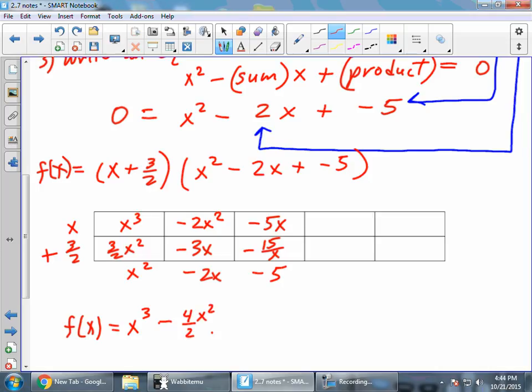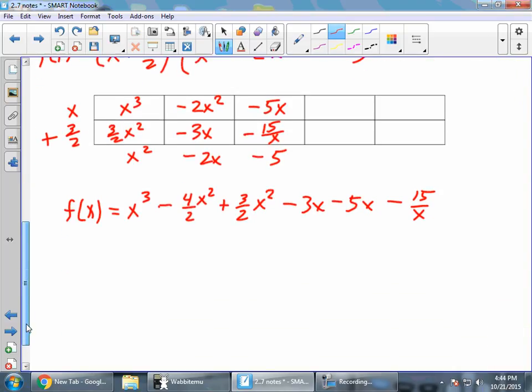And you'll see why in a minute. Plus 3 halves x squared. Then we have minus 3x minus 5x and minus 15 over x. Let's see where we're going with that.